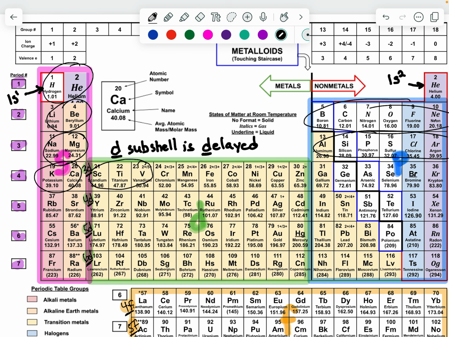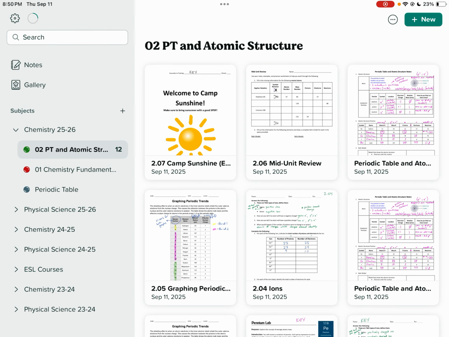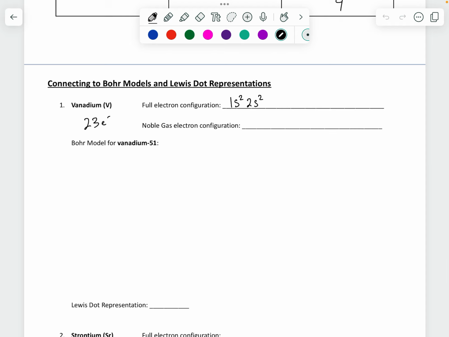So really, what I'm doing is I'm ending my electron configuration at 3d3, because vanadium's the third in that 3d subshell. And so I go over here, and I say, okay, 1s2, 2s2, 2p6, 3s2, 3p6, 4s2, 3d3.